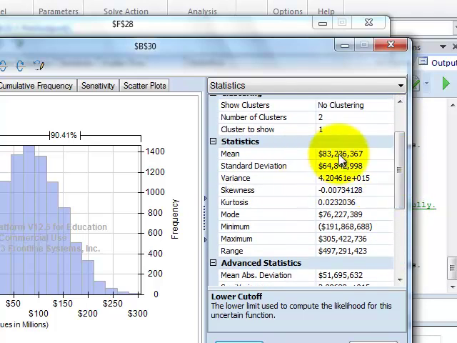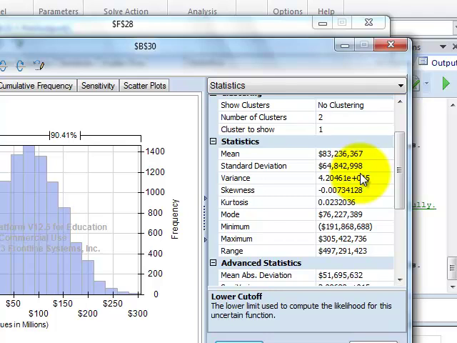So we could be 95% confident that it is plus or minus 2 standard deviations from the mean. So the average net present value is $83 billion with a standard deviation of 64. So plus or minus, that's 120 either way. So we're going to have a net present value of negative 40 billion to a positive 200 billion, round numbers. So we could tell our boss we're somewhere in that range.